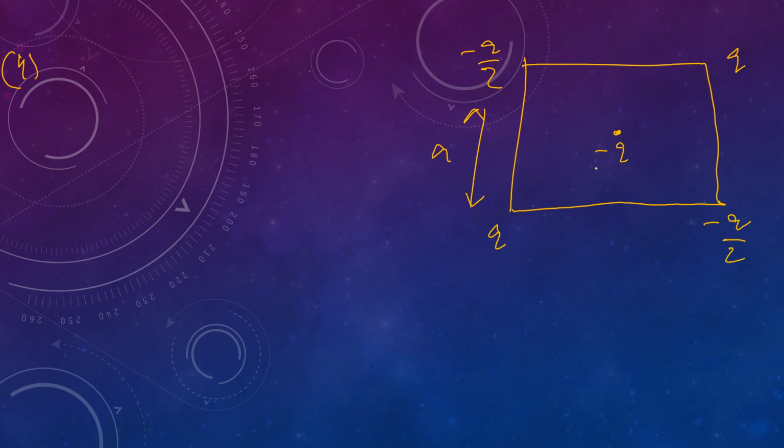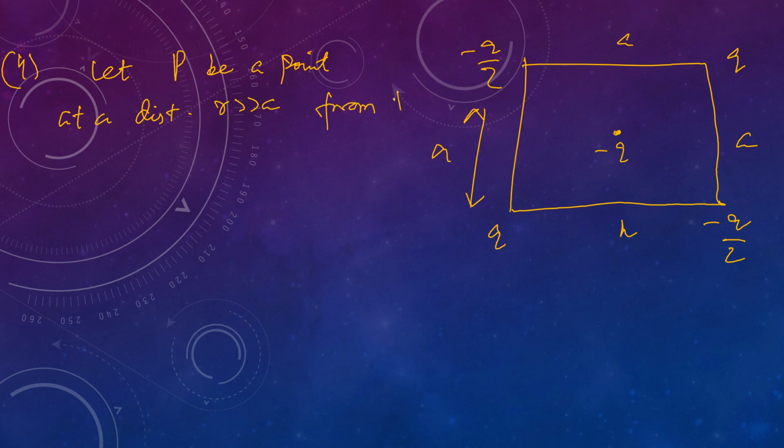So this is a square again, with sides A. V is the electrostatic potential at a point P at a distance R very very greater than A from the center of the square.